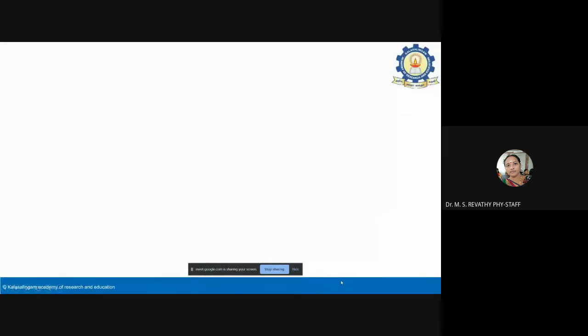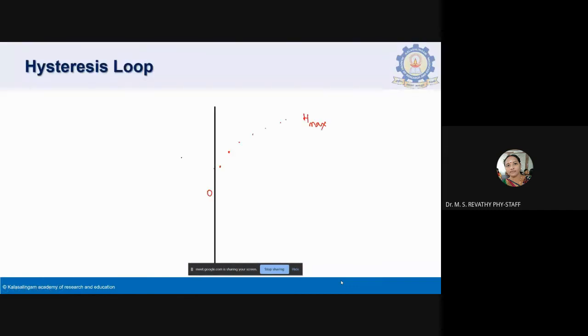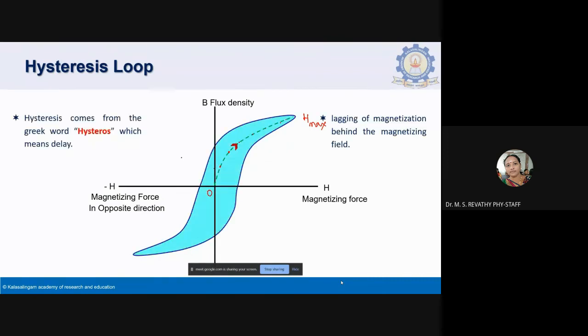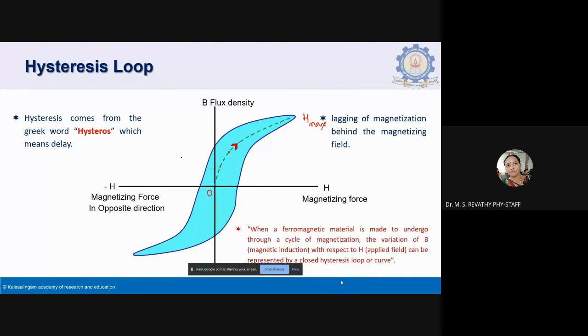So hysteresis, a plot of H and B, OA, the complete hysteresis loop, the area gives you the energy loss, lagging of magnetization behind the magnetizing field. It is derived from the Greek word hysteros, which means delay. This is the definition for the hysteresis loop: a ferromagnetic material is made to undergo a cycle of magnetization, and the variation of B with respect to H can be represented by a closed hysteresis loop or curve.